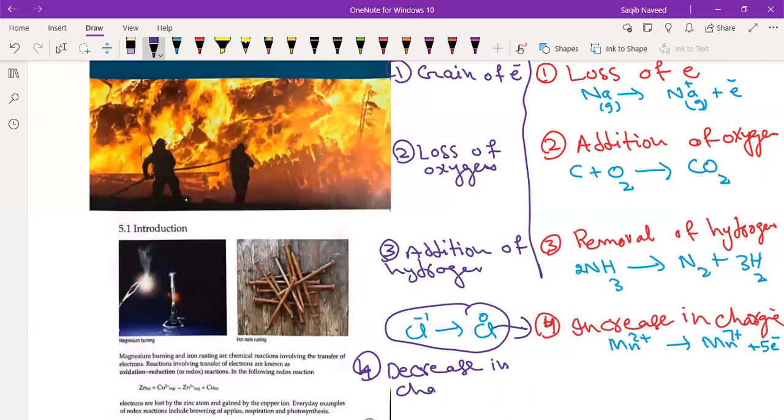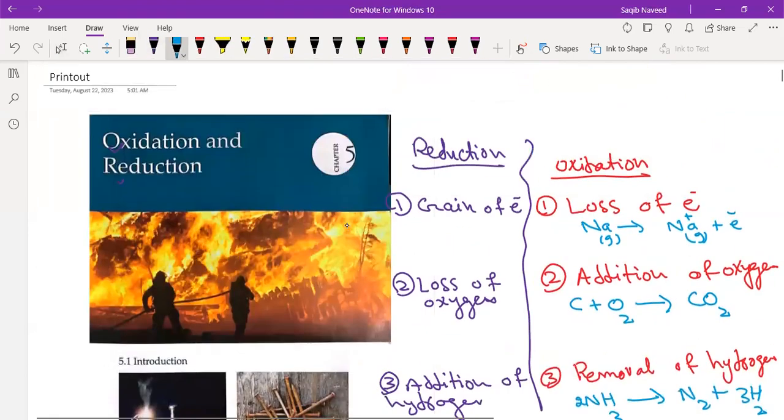I guess now it is easy to put an example. For example, Cl is neutral; if it gains an electron, what would be the charge on Cl when it gains an electron? Minus. Yeah, that's right.